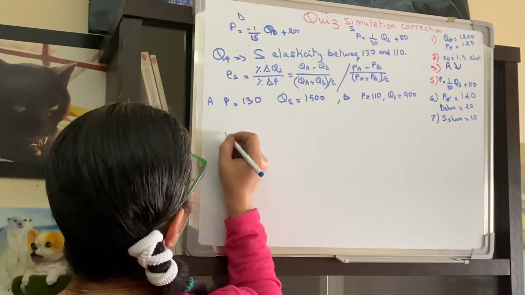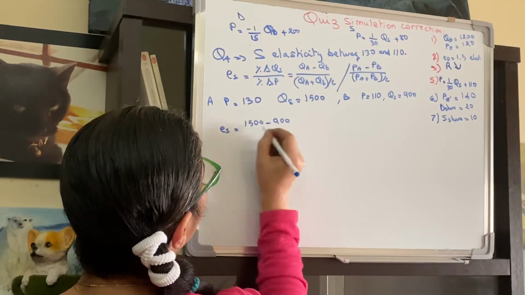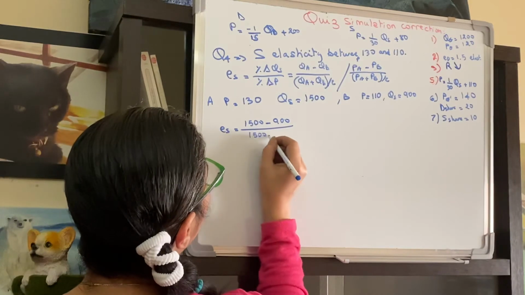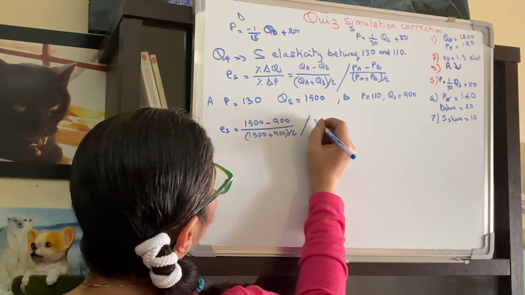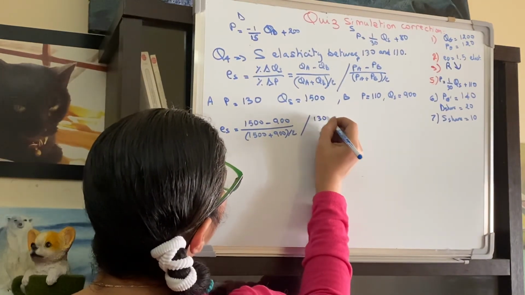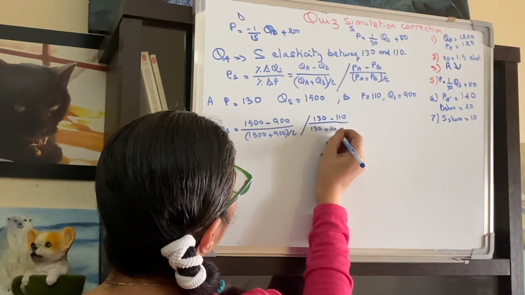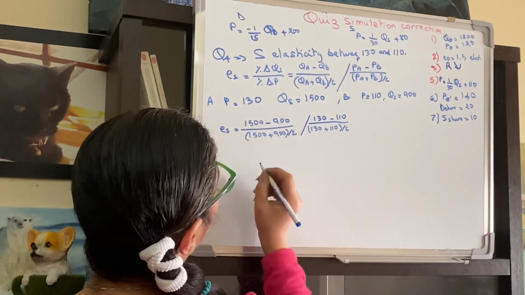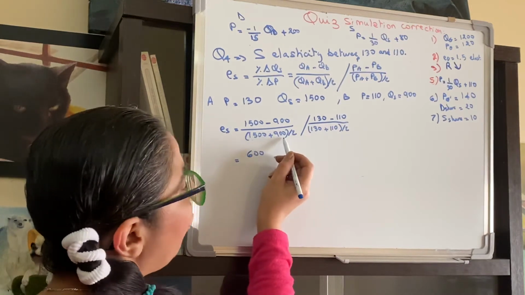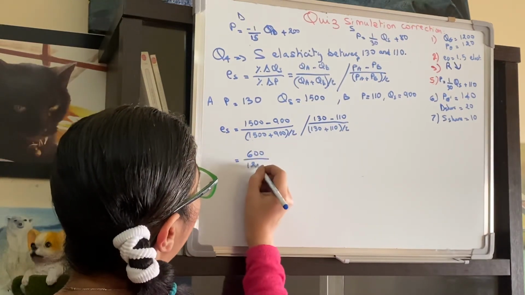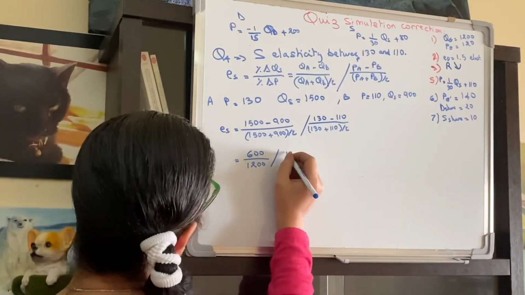So ES is equal to 1,500 minus 900 over 1,500 plus 900 divided by 2, over 130 minus 110 over 130 plus 110 over 2. It's going to give me, here it's still 600, here is still 2,400 divided by 2, which is 1,200, over 130 minus 110, it's actually 20.